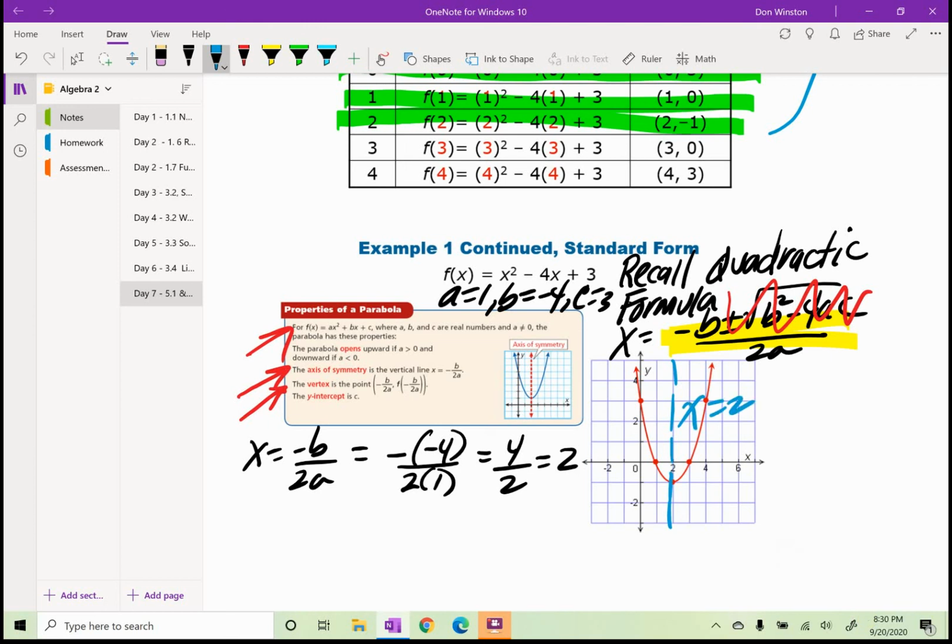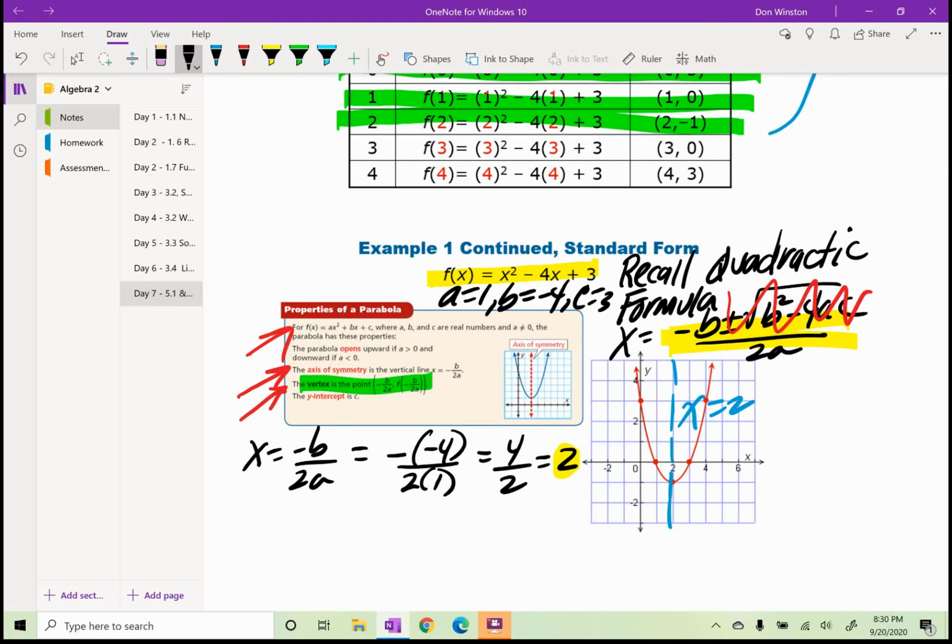Now, we take that value, 2, and then we just substitute it into f of x. That's what this says right here. The vertex is the point negative b over 2a. That was our axis of symmetry. We take our axis of symmetry, substitute it into the original equation, and then we get our y value.